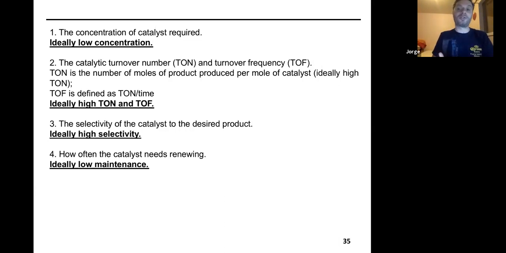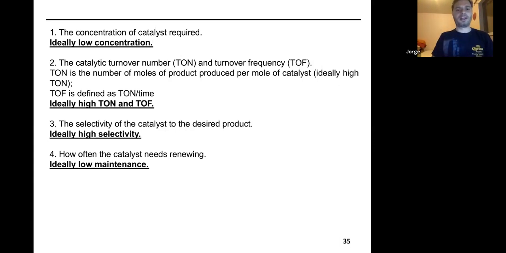And turnover frequency, or TOF, is defined as the turnover number over time. It is a different number that means basically the same thing. Ideally, what we look for in a catalyst is a high TON and high TOF.